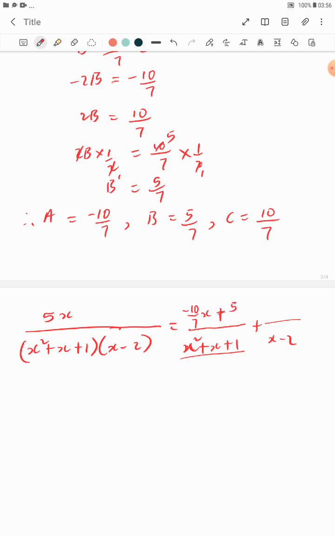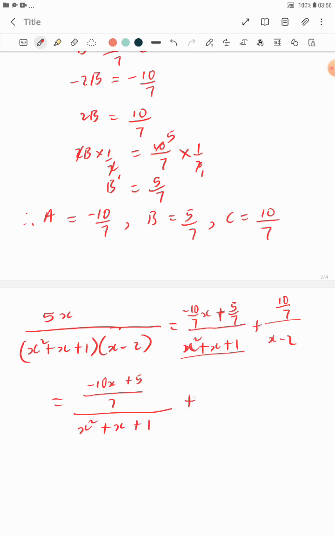Plus 5 over 7. And then we have 10 over 7 here. So the way we can rewrite that now will be for us to actually find the LCM here. That will be 7. So that means that what we have here is minus 10x plus 5 up there, and then we have x squared plus x plus 1.